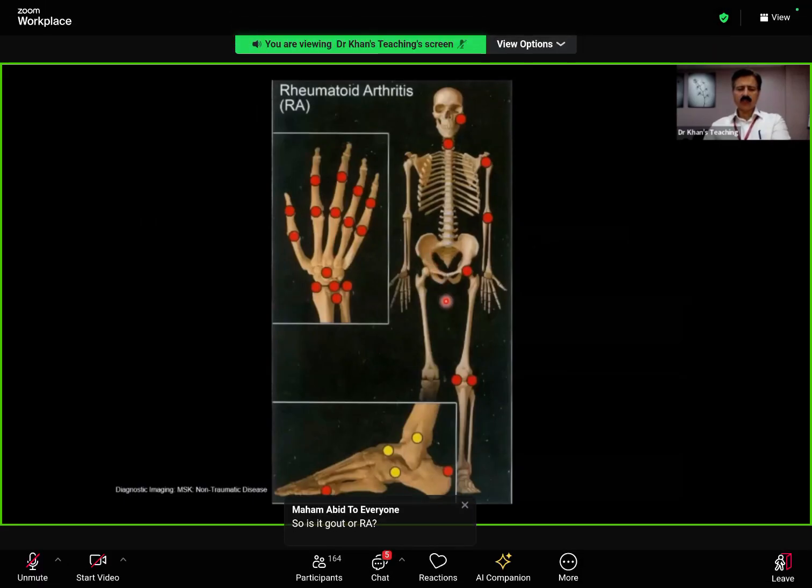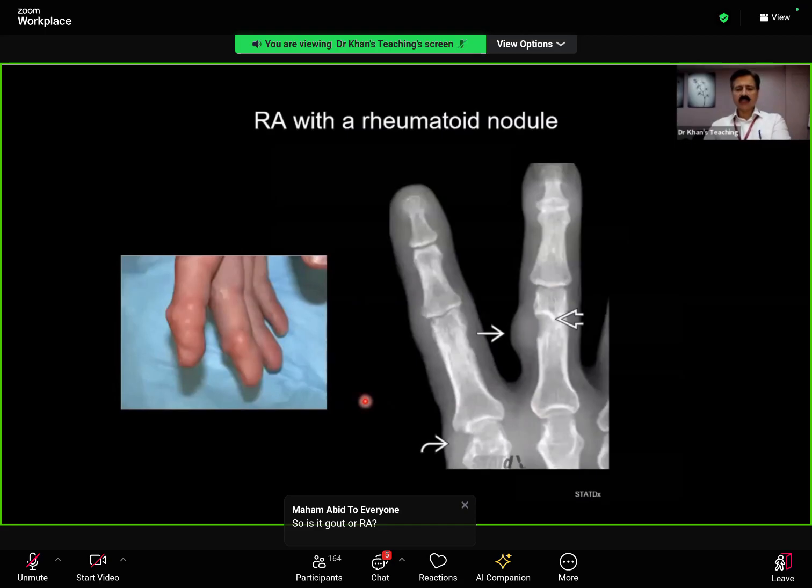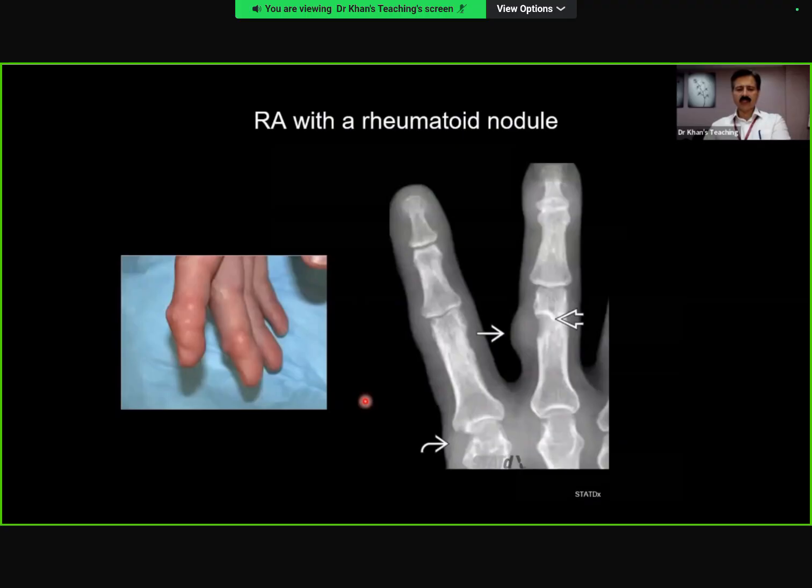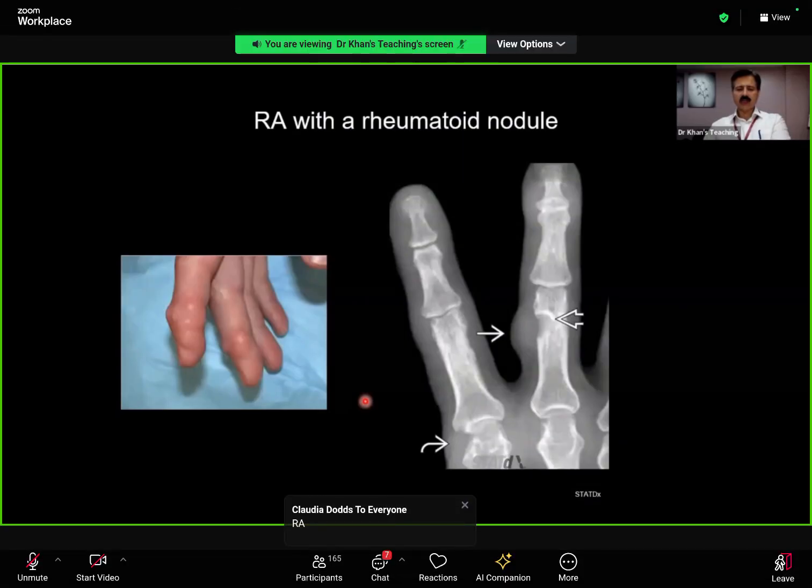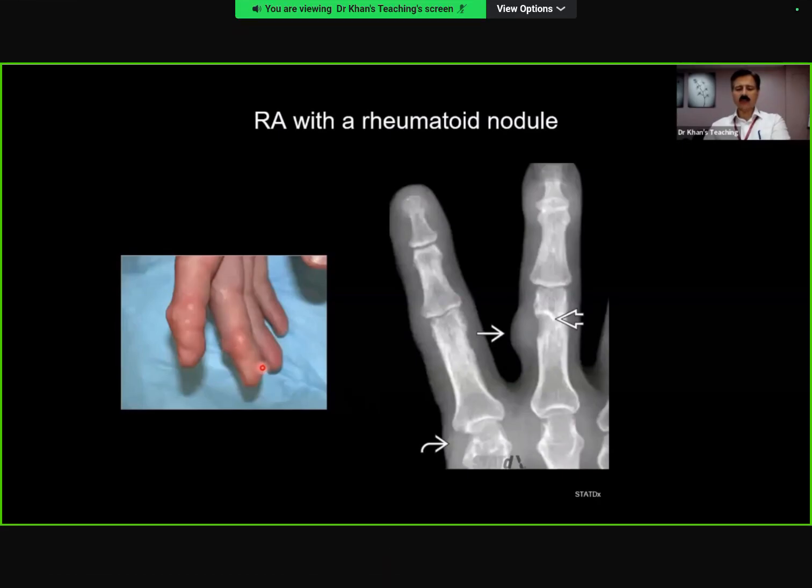Rheumatoid arthritis we have covered, and the joints in the hands we have covered. In the feet, particularly the fifth one is important. Another film which can come in the exam is a stigmata of RA with a rheumatoid nodule. So please remember that, if you don't know it, then you will be surprised what's happening. And you might say that this is a tophi of gout, for example.